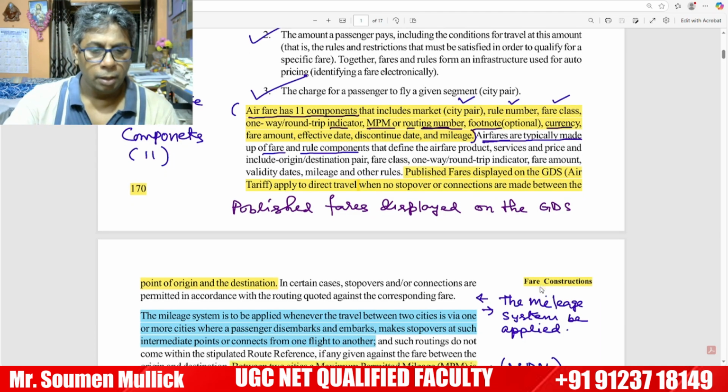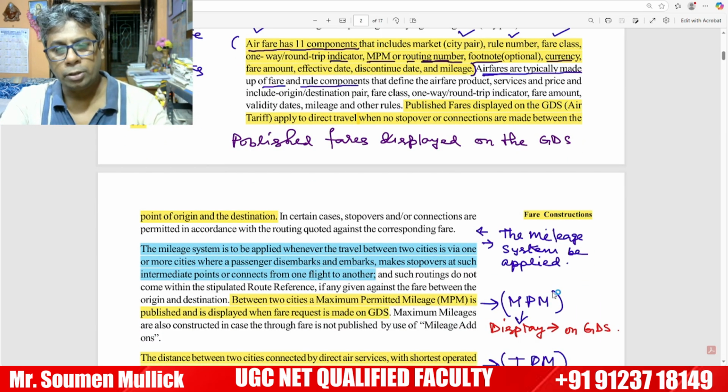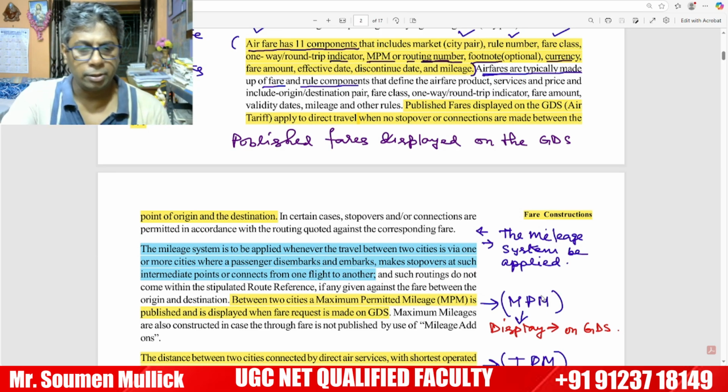Now, the mileage system. Another important issue under the section of airfare. The mileage system is to be applied when?